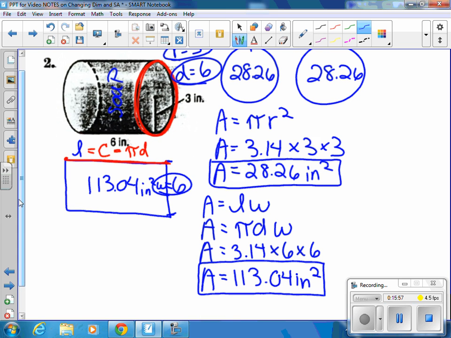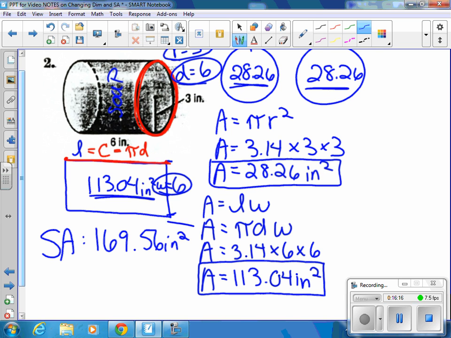I've got my label, which was my lateral side, the part that was curved around the soup can, if we think of it that way. So I have this, and then I also have my 2 circles. So I need to add it all up. When I add all of them up together, my surface area becomes 169.56 inches squared. There's my total surface area.